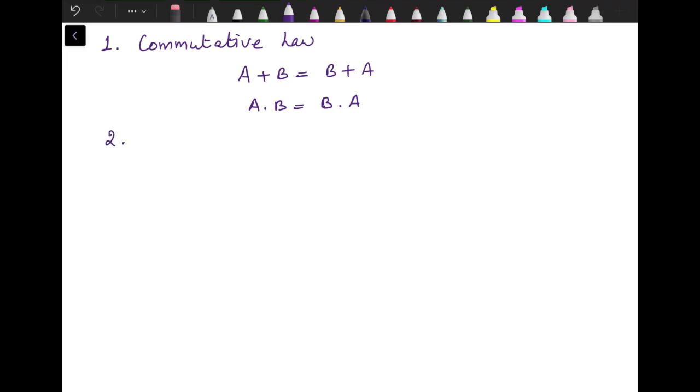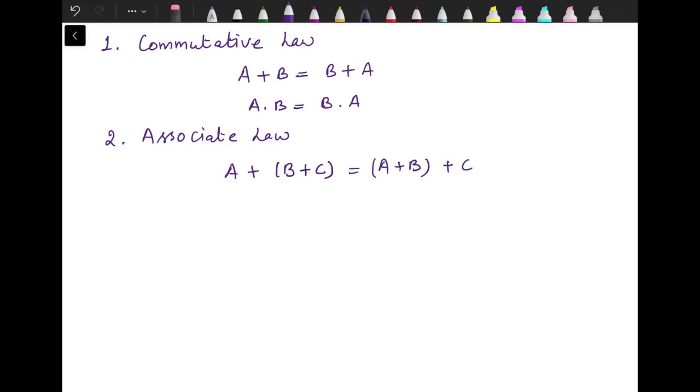Second law is associative law. Associative law applies if we have three variables. It says A or (B or C) is the same as (A or B) or C. This means the result of ORing several variables is the same irrespective of the grouping of variables.